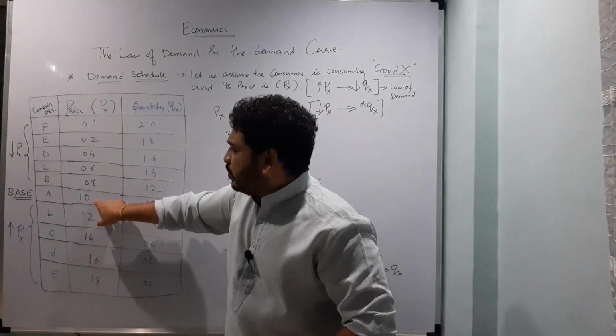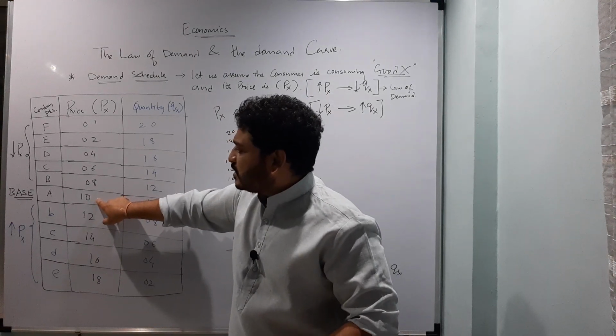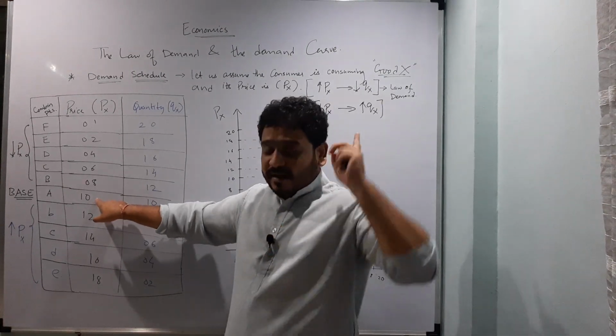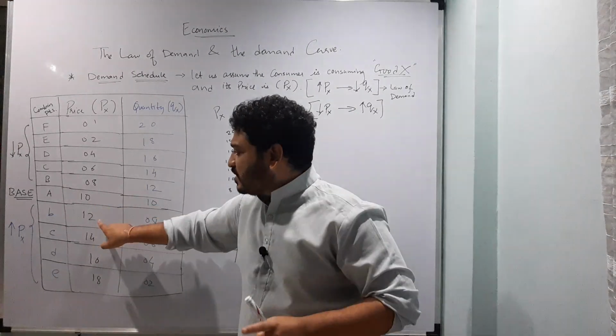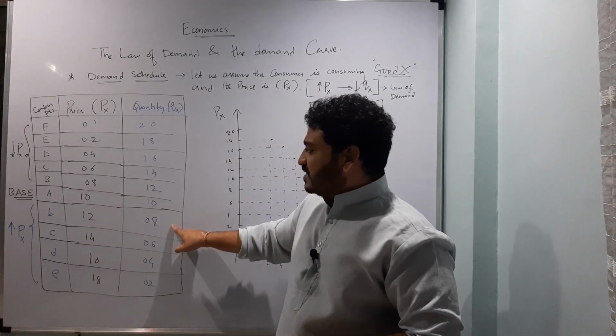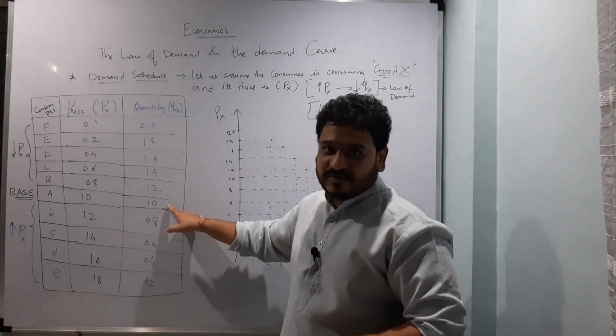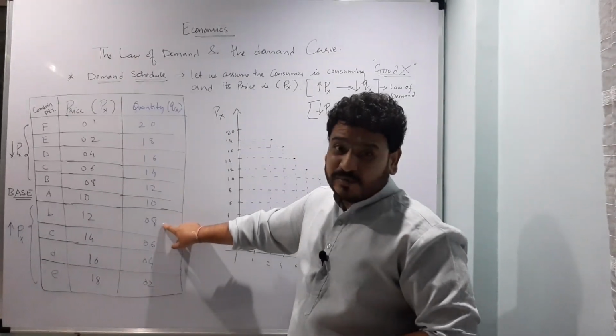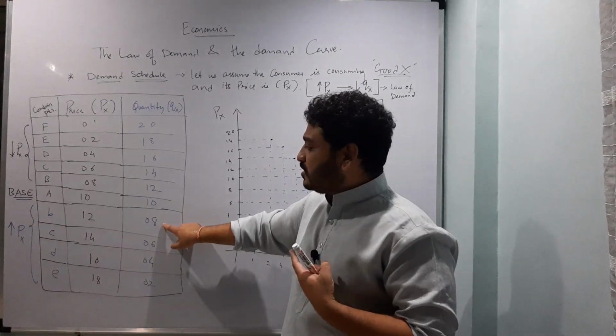Let us look first at the increase in the price and the corresponding quantities demanded according to the law of demand. As the price goes up to rupees 12, the quantity demanded is 8. When it was 10, it was 10 units of commodity X. When the price goes up to 12, the quantity demanded falls, which is true as far as the law of demand is concerned.